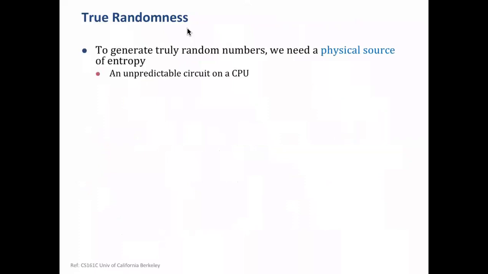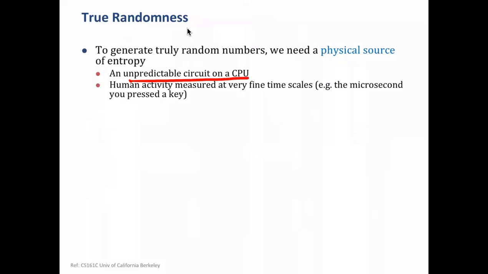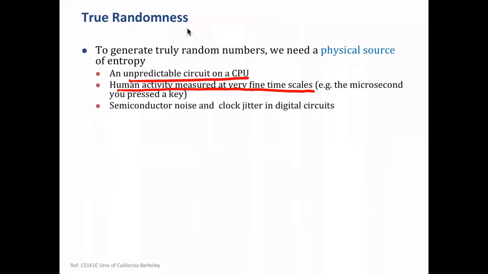There can be a lot of other sources like unpredictable circuits in the CPU, human activity measured on a very fine time scale, say microsecond or nanosecond, semiconductor noise, or clock jitter in digital circuits. All these are truly random because the chances of having the same output repeated are very low.